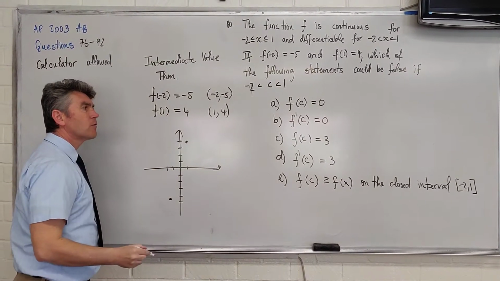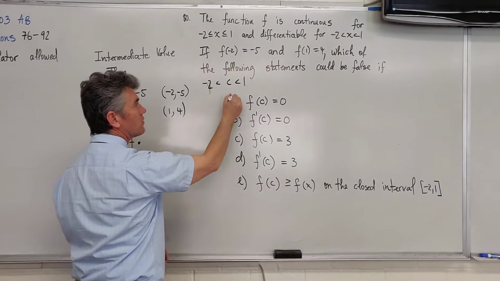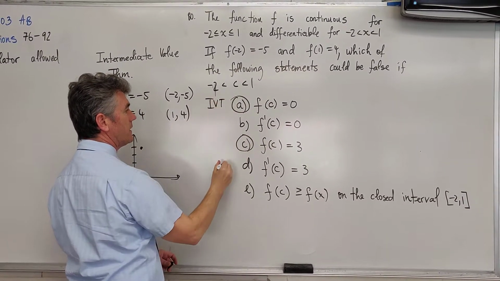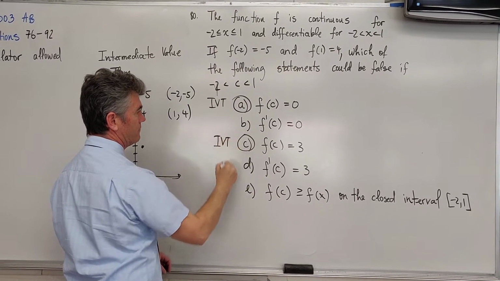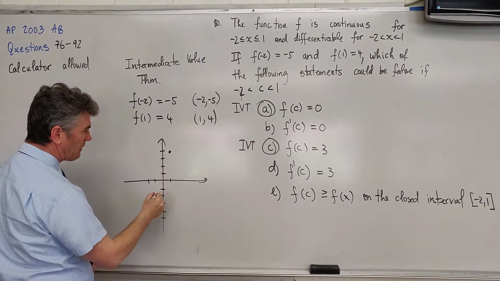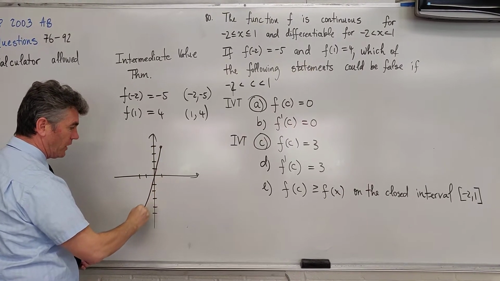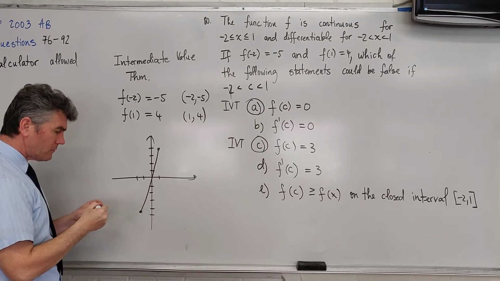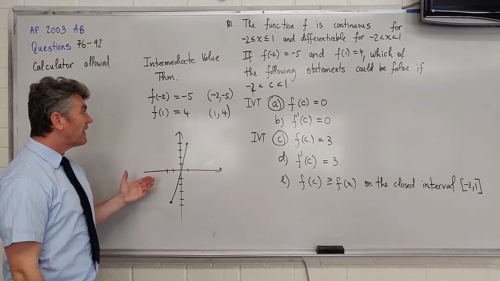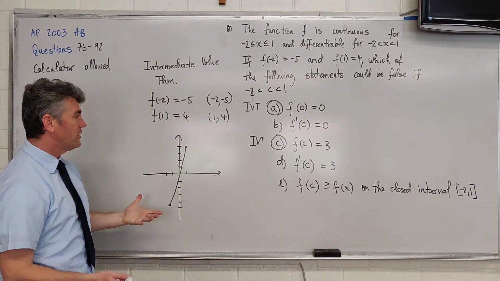And now let's do the questions that have to do with the intermediate value theorem. The two questions are A and C. So I'm going to write an IVT by that. One possible graph, and I'm not saying that this is the graph, but let's give the simplest graph, which is a segment joining the 2 points. So the intermediate value theorem states that if a function is continuous, then the function must take on all the values from 4 to negative 5.